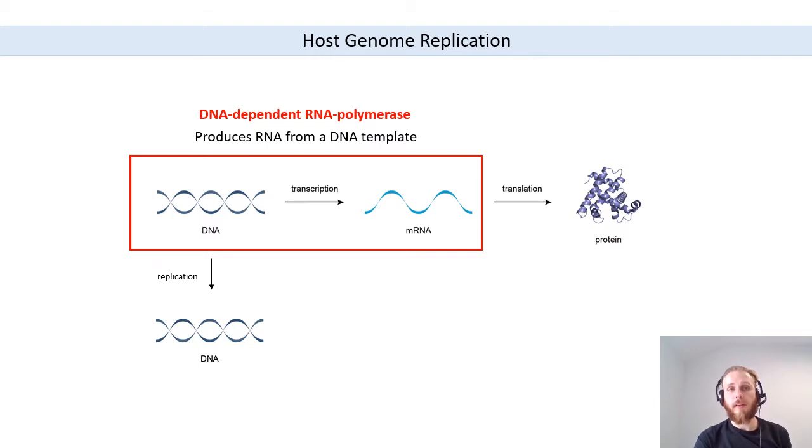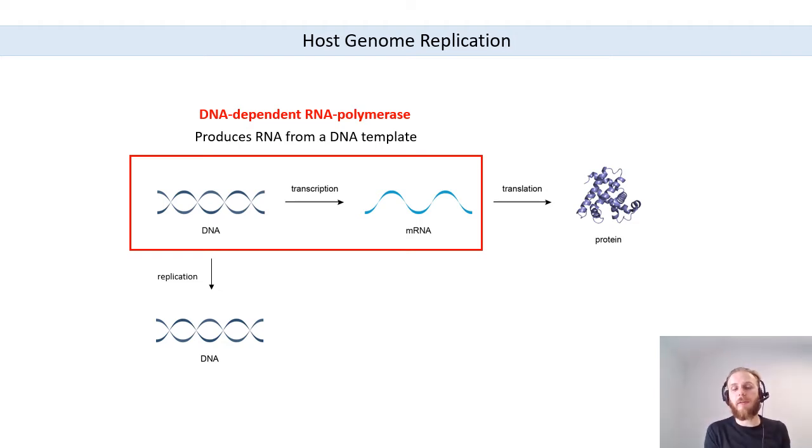We want to understand these processes in detail and look at the enzymes that are mediating the processes. And for genome expression, we're concerned with RNA polymerase because this is the enzyme that's producing the RNA. We also have the ribosome, which is producing the protein from the RNA, but we're really considering this process of transcription because if we remember, transcription is what's different sometimes in host cell genome expression compared to viral genome expression.